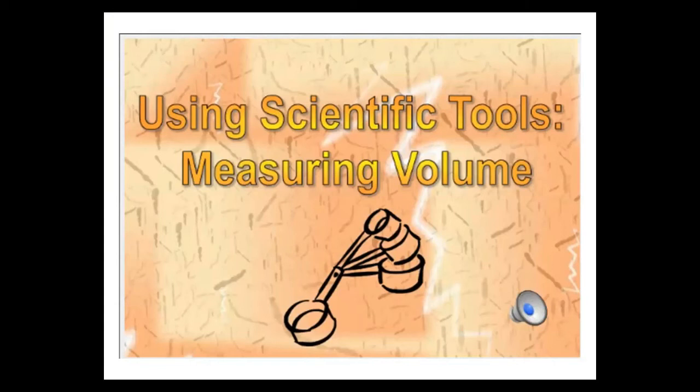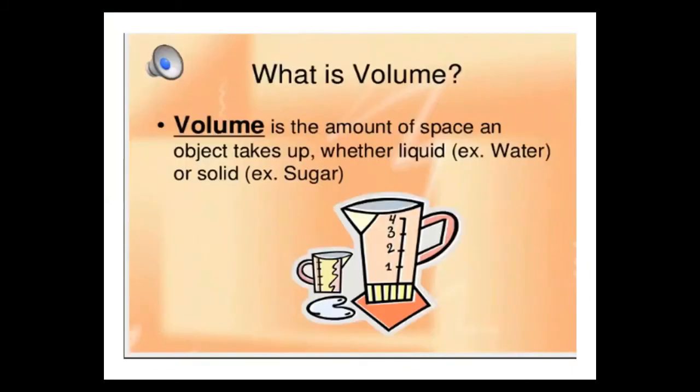Now we will move toward another type of instrument which is used for volume. Before starting, you know very well that the definition of volume is the amount of space an object takes up, whether liquid, water, or solid.